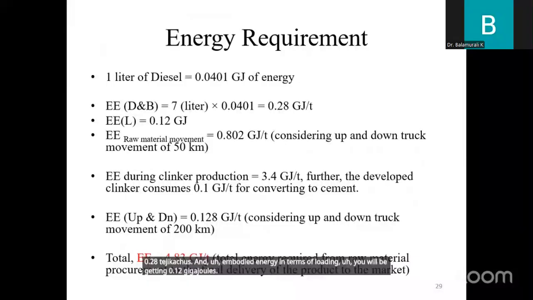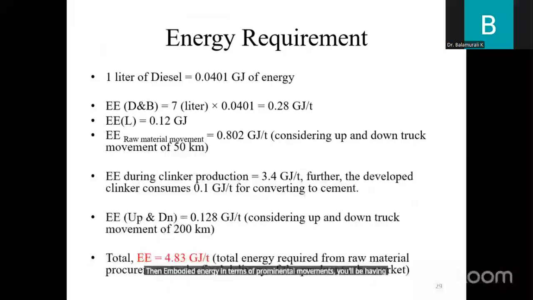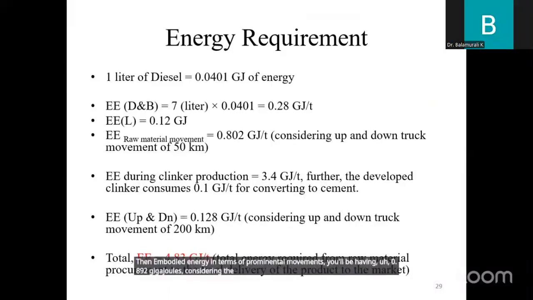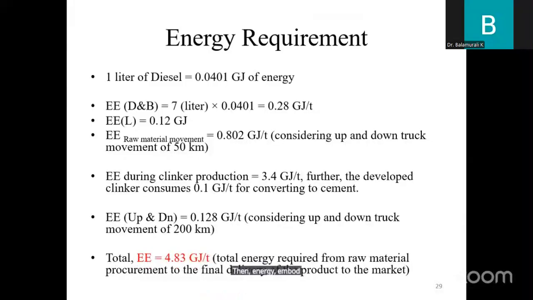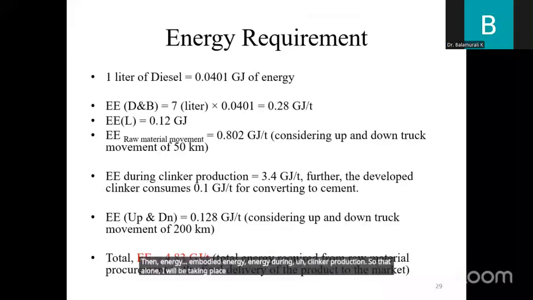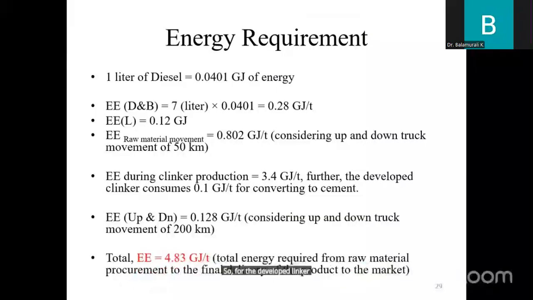Then embodied energy in terms of raw material movements, you will be having 0.802 gigajoules, considering the up and down truck movement for 50 kilometers. Then embodied energy during clinker production, that alone will be taking 3.4 gigajoules per ton. So for the developed clinker, it consumes 0.1 gigajoules for converting from clinker state to cement state.